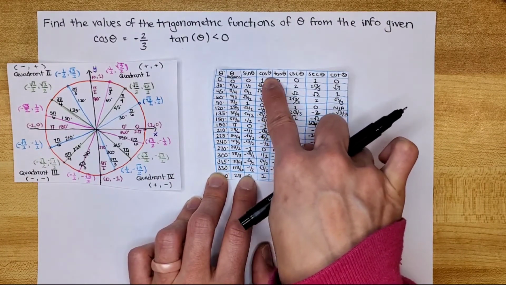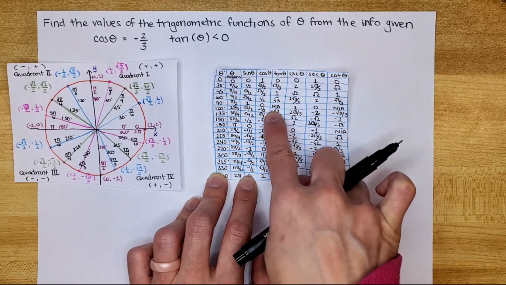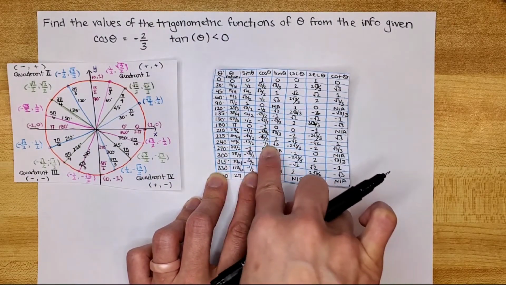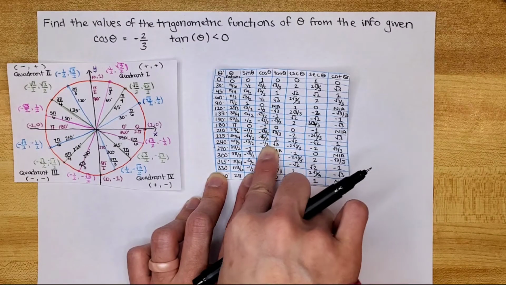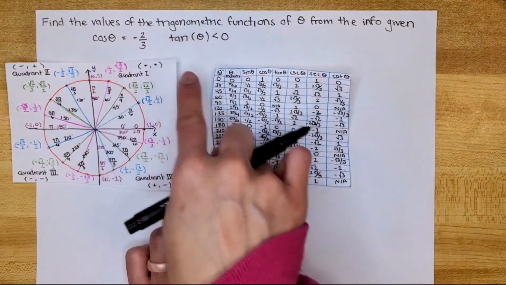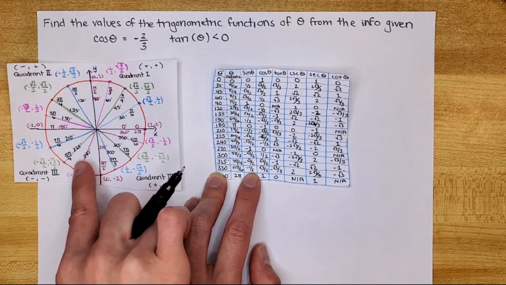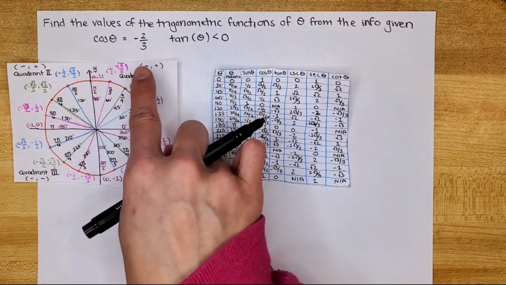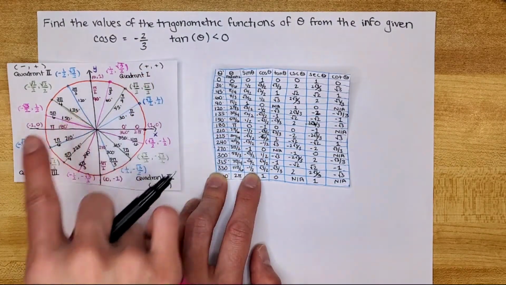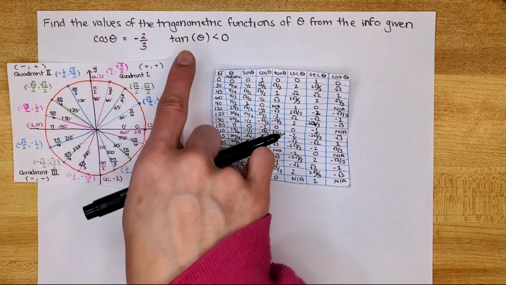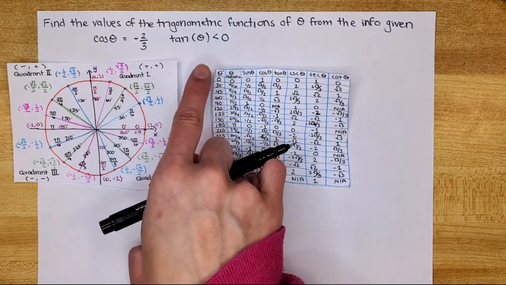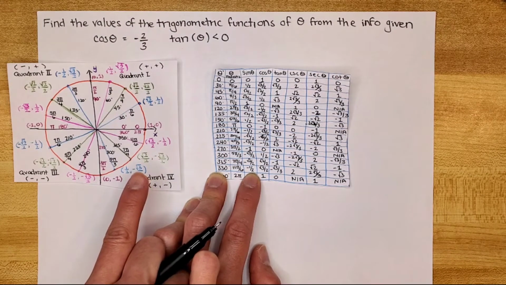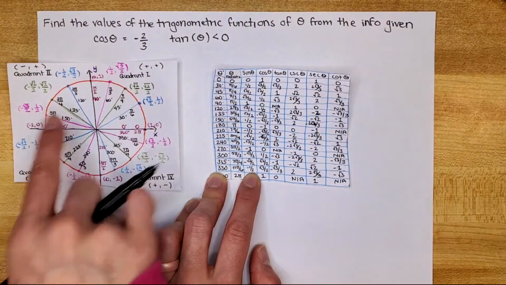And you can see that cosine theta has a value negative between 120 to 240 degrees, we can then narrow exactly which quadrant is going to make this statement true for us, and that's going to be quadrant 2, because cosine theta is negative between quadrant 2 and quadrant 3, and tangent of theta is less than 0 between quadrant 2 and quadrant 4. And so the shared quadrant between the two is quadrant 2.